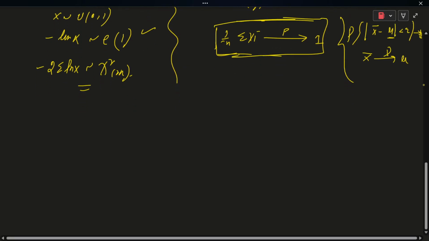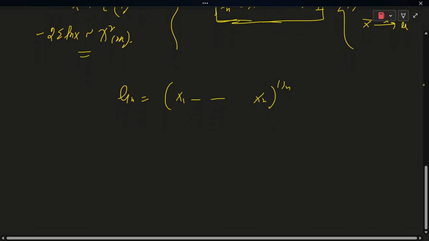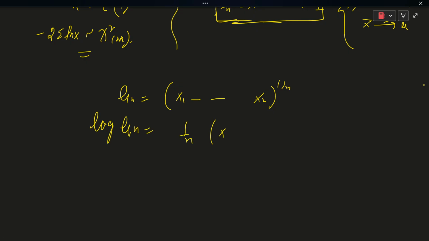Gn is equal to (x1 up to xn) raised to the power 1 upon n. So what's log Gn? That's 1 upon n log x1 plus 1 upon n log x2 and so on.